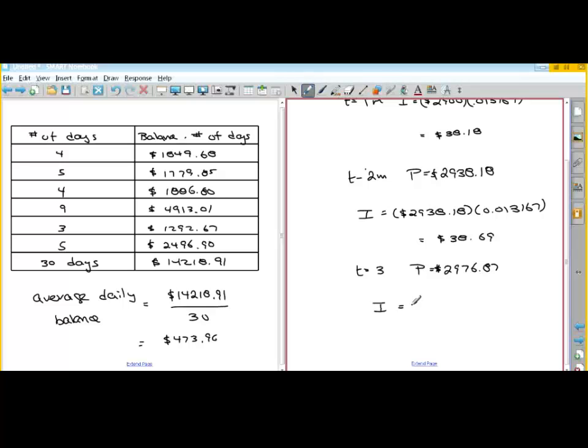Then I calculate the interest on that for the third month. So it's 2,976.87 times my same monthly interest rate. And it should be a little bit more. So it went from 38.18 to 38.69. So what do we get? If you take the multiplication, we get 39.20.